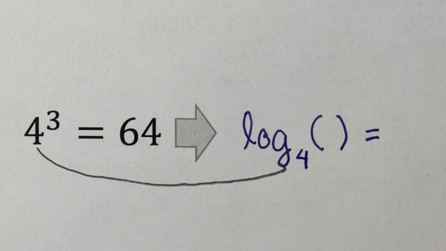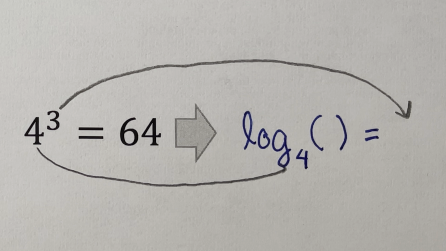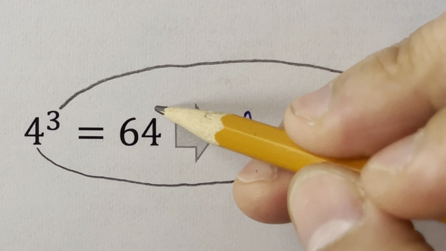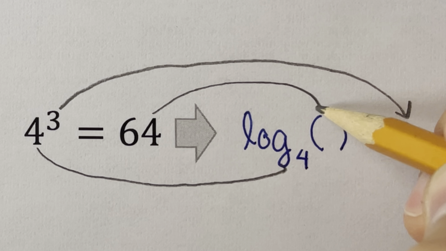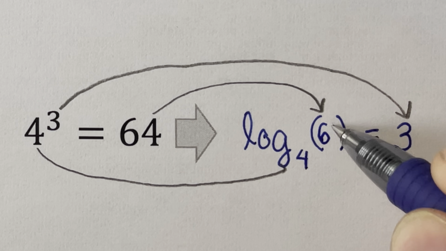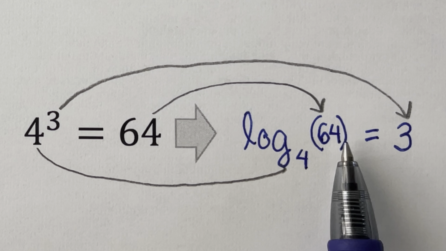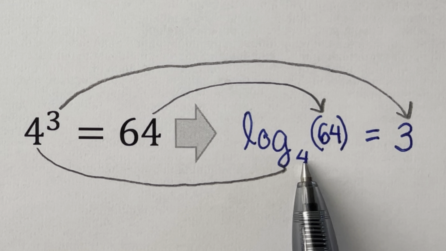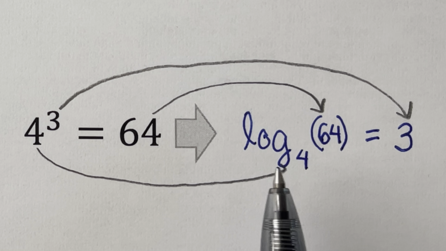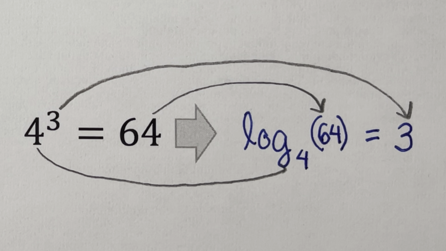And this exponent will go to this side of the logarithmic equation, so that's where I put the 3. And then this 64 will become the argument. This will be placed inside the parentheses of the logarithmic expression, so that this is read as log of 64 to the base 4 equals 3. Or the other way to read this is log base 4 of 64 equals 3.